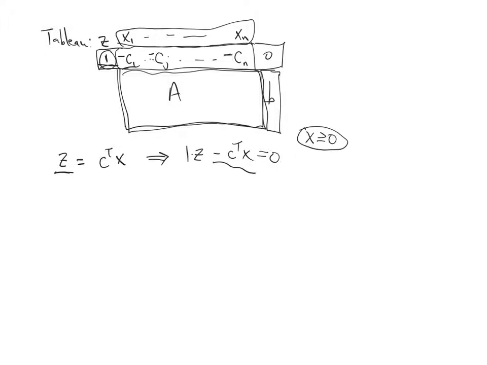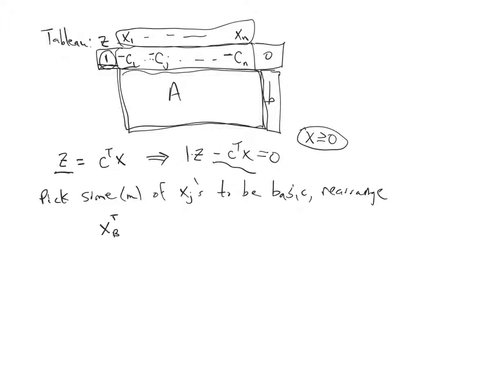Okay, so the key idea is that we pick m of the xj's to be basic, and we're going to rearrange things. We're going to rearrange the world so the basic variables are the xB's, and we'll write xB transpose to lay it on its side.